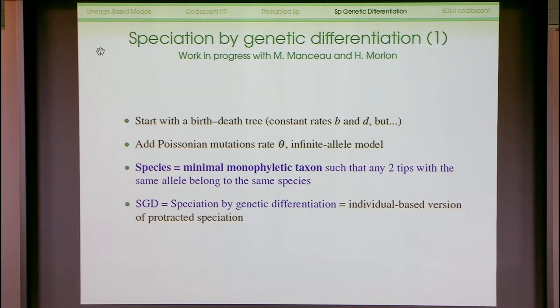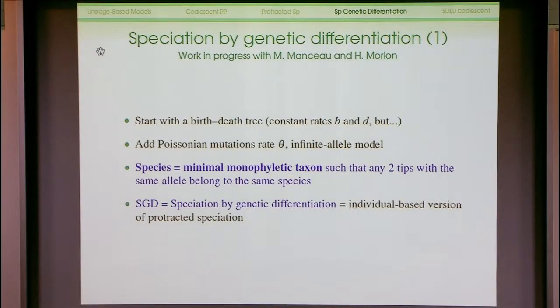If you do that, and actually that's the only way of getting monophyletic species, is to identify some nodes of the genealogy with nodes of the phylogeny. Of course, there must be a coherent way of doing that.